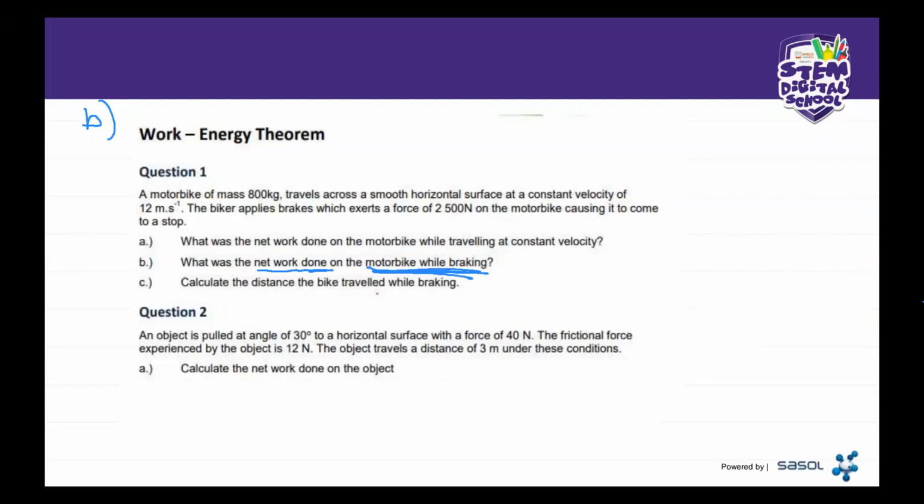So now we're adding the force that's acting against, because for a car to stop, there needs to be a force that is acting against the object, right? So in this case, let's go and check it out. Okay, what was the net work done on the motorbike while braking?